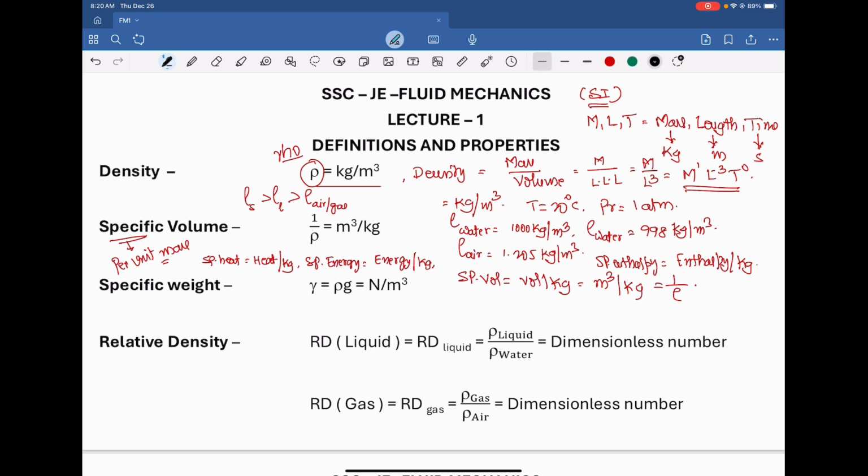Next, what is specific weight? Weight per unit volume. Density is mass per unit volume. Gamma is equal to weight per unit volume.